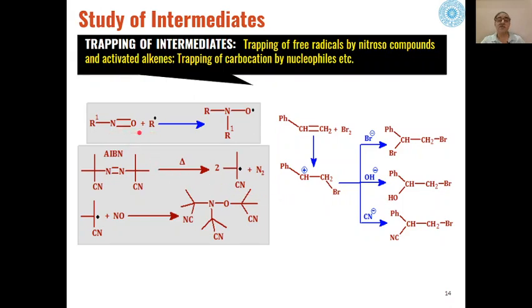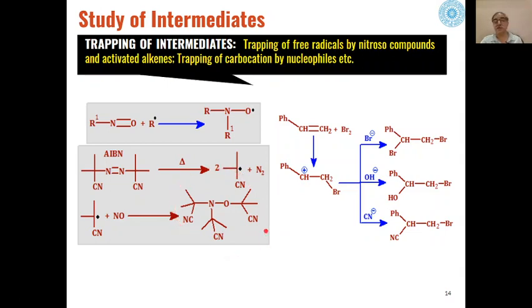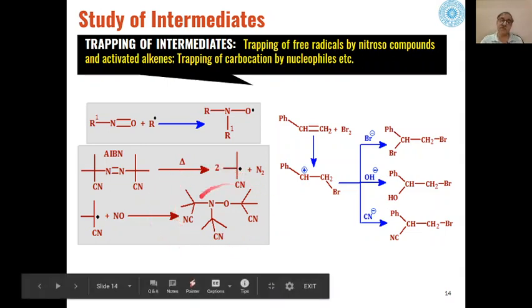Similarly, in these types of nitroso compounds, the formation of free radicals can be detected through ESR spectroscopy also. For example, azoisobutyronitrile on heating will give us these types of intermediates, and these will react with nitroso compounds to give us these types of stable products. And formation of these stable products can tell us about the mechanism of this reaction.